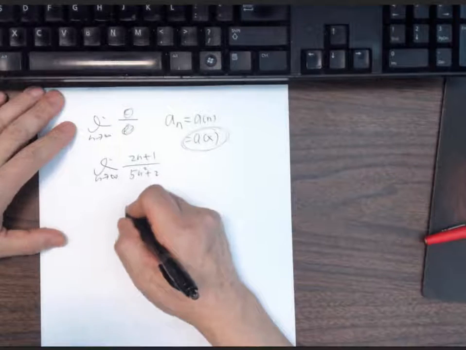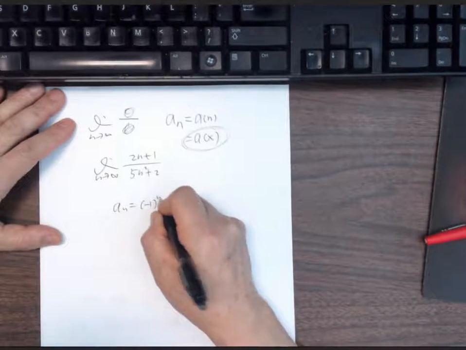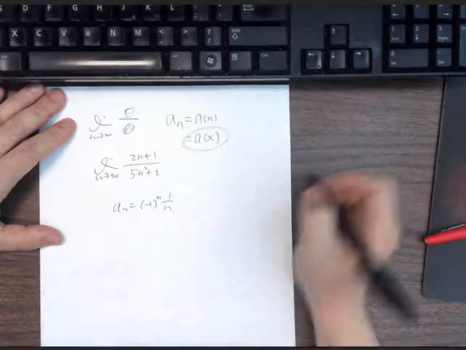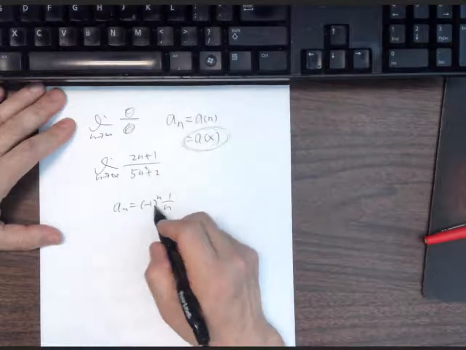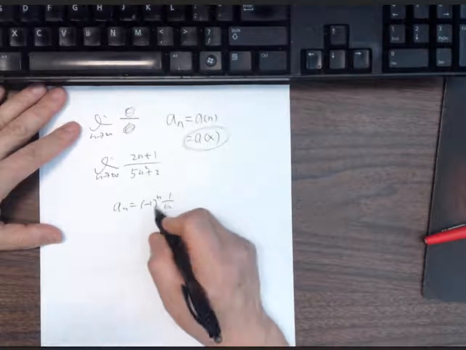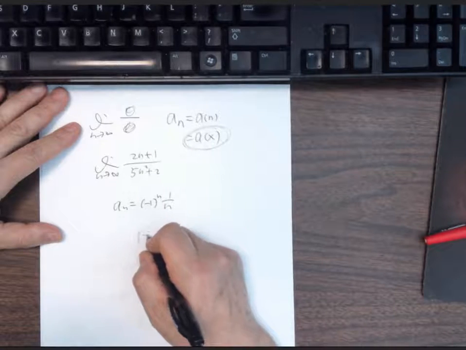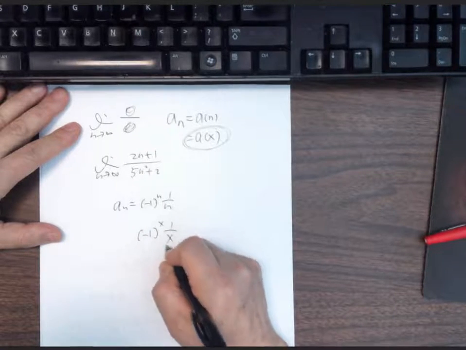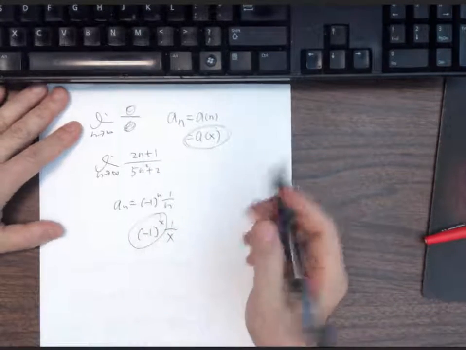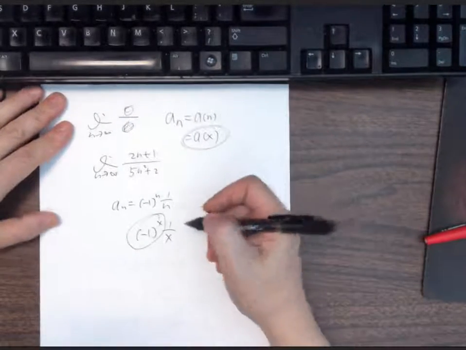Sometimes, for example, you have a sequence negative 1 to the n to the power 1 over n. Well, this time you cannot treat n as a continuous variable because there's no such function. This part doesn't make sense, but most of the time we can do it.